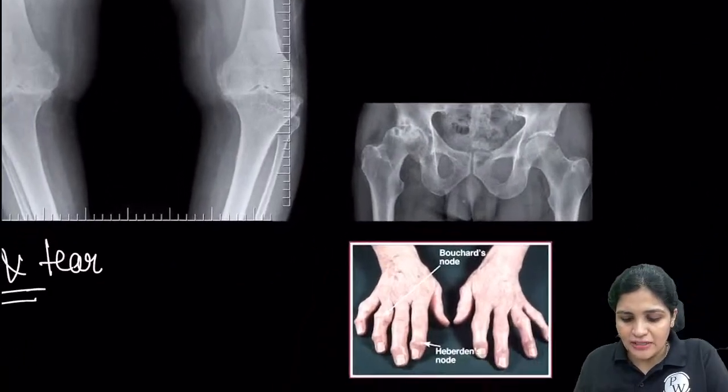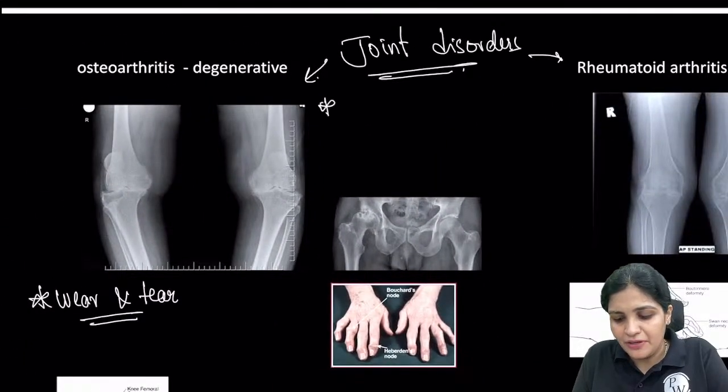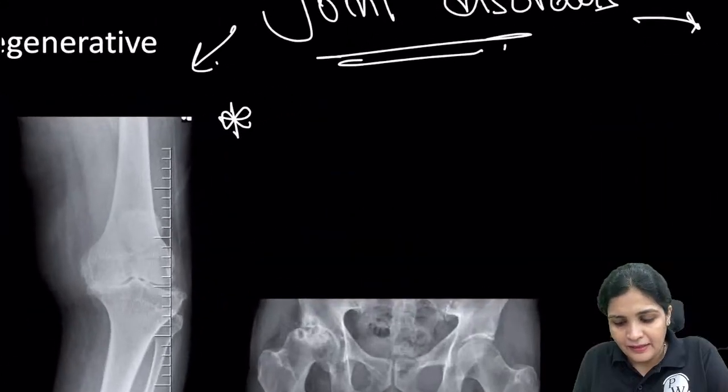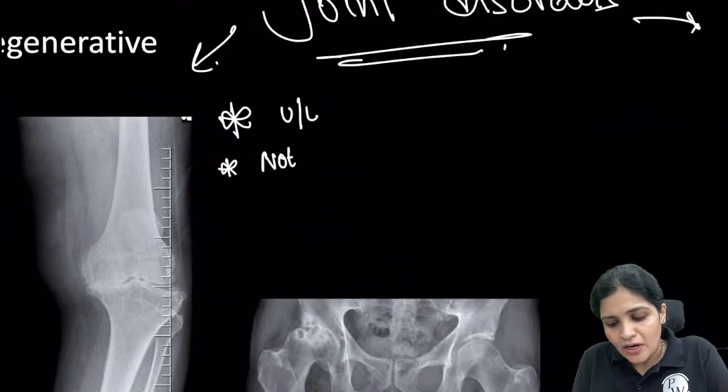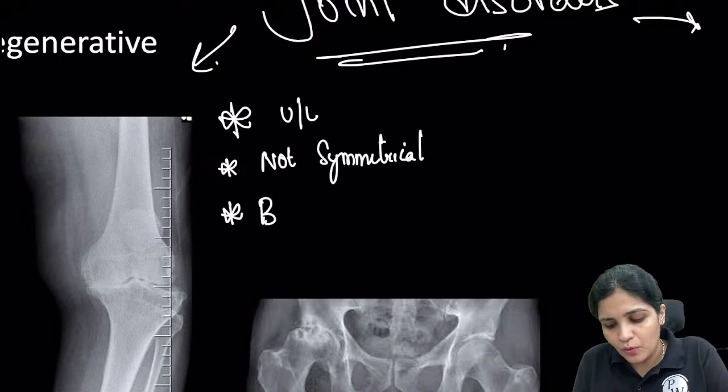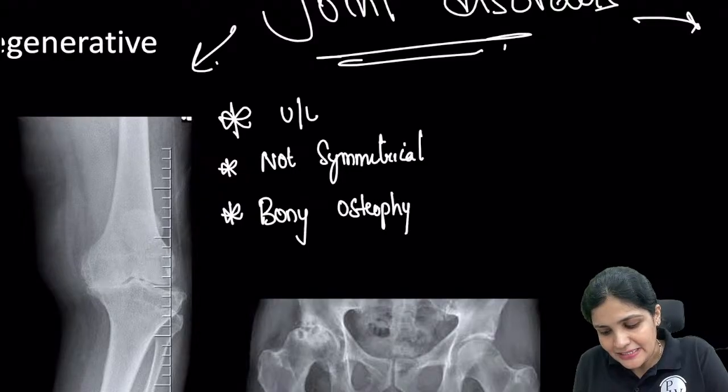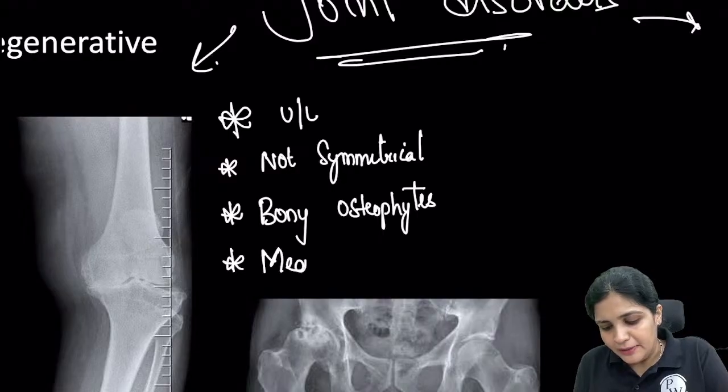When coming to osteoarthritis, what do you usually see? What are the important things? So this could be unilateral, not symmetrical. What is the most important thing? What we see? Bony osteophytes. Yes, you see bony osteophytes, and usually the medial joint space is involved.